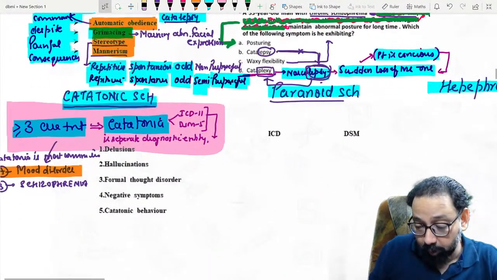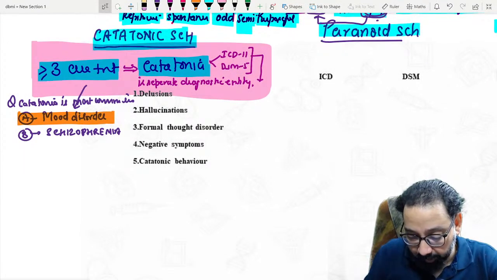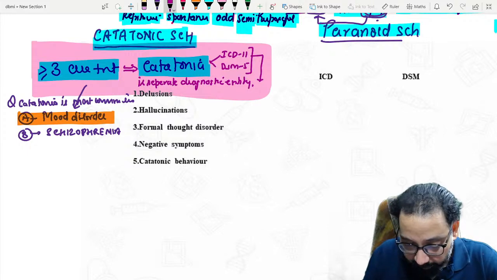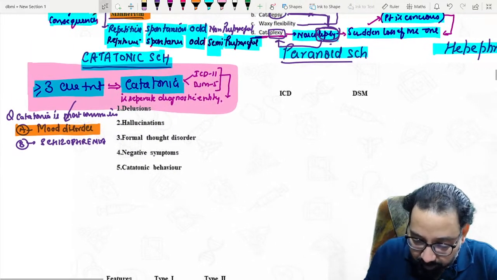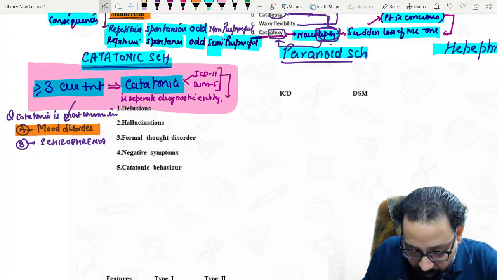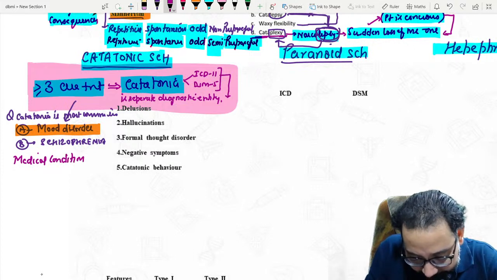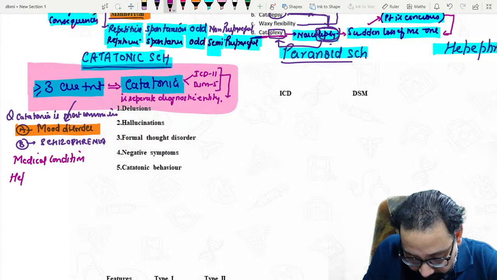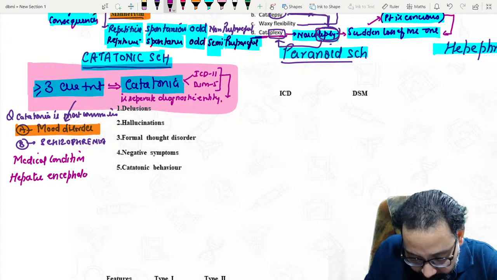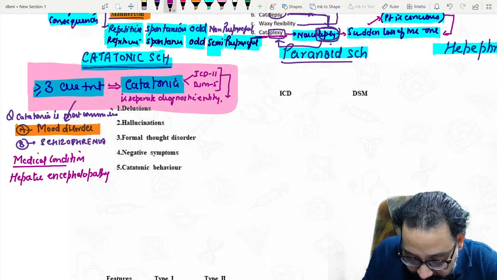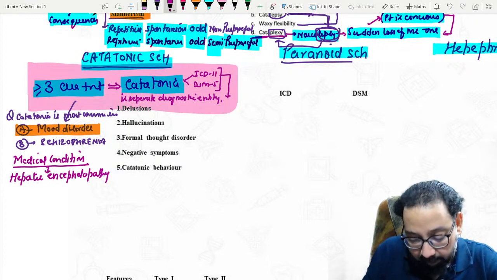Now, I would like to mention one more thing: the treatment of catatonia. Here only I will discuss. A medical condition, just like hepatic encephalopathy, may present with catatonia.